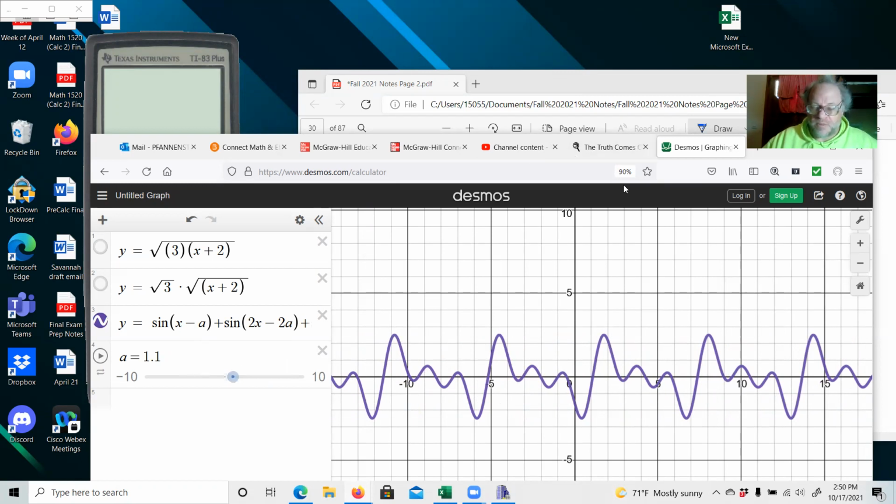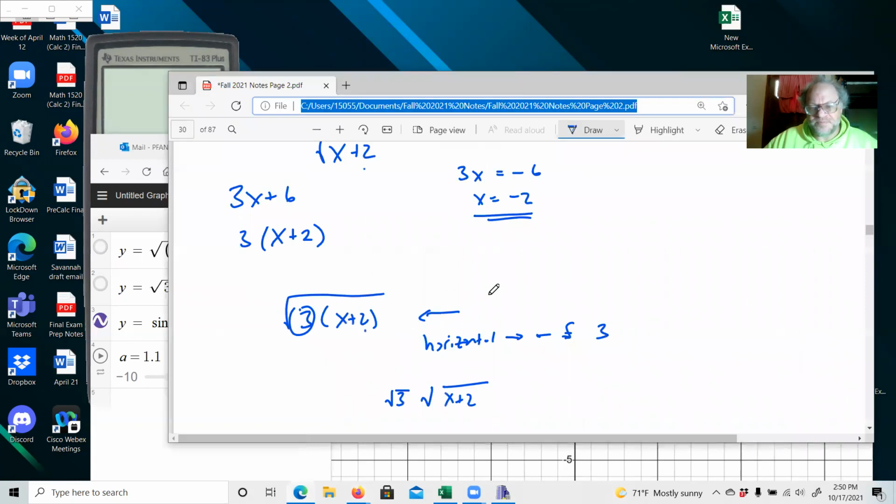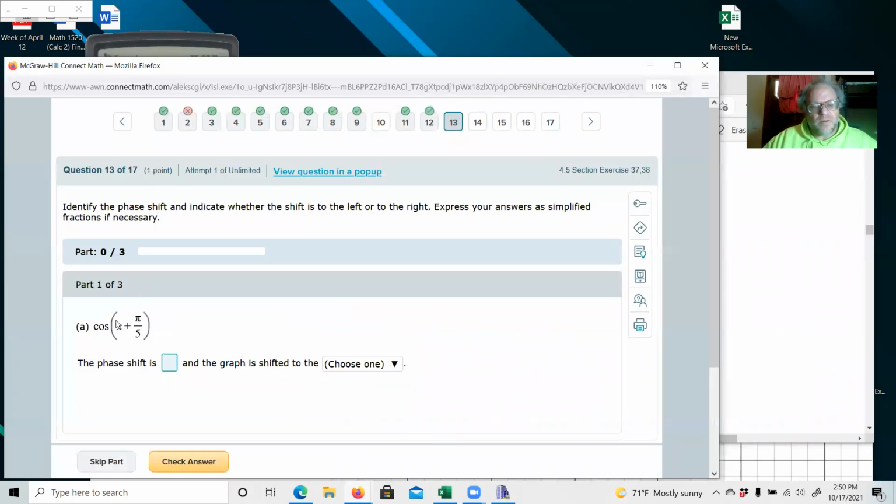All right, let's go back to our problem rather than come up with new problems to solve. What we have here is a phase shift. This one's kind of nice. When it was a plus, it was shifted to the left, and it's shifting by pi over 5.